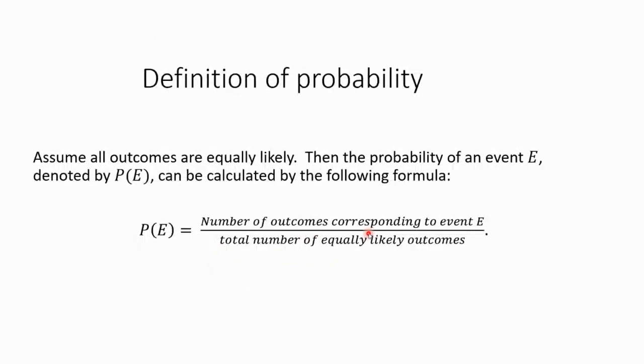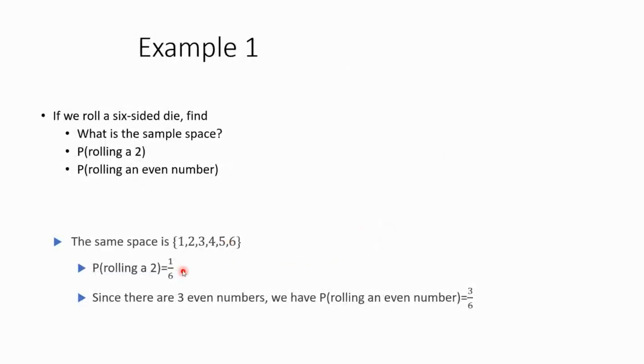And how many outcomes correspond to event E? In this case, event E is just rolling a 2. There's only one outcome with that, rolling a 2. So 1 out of 6.